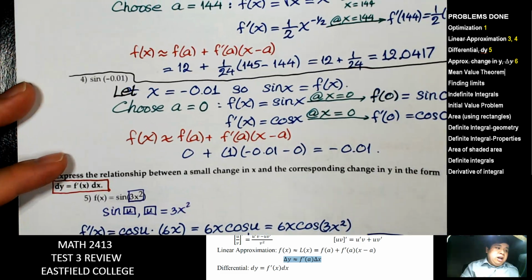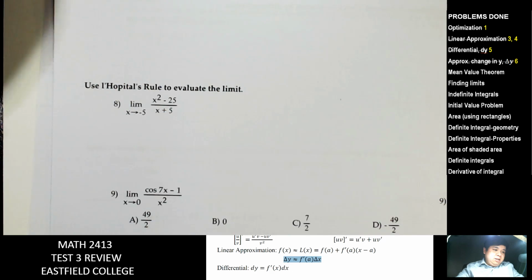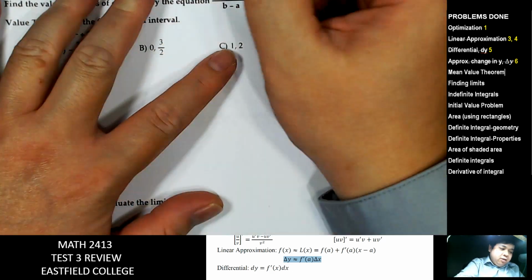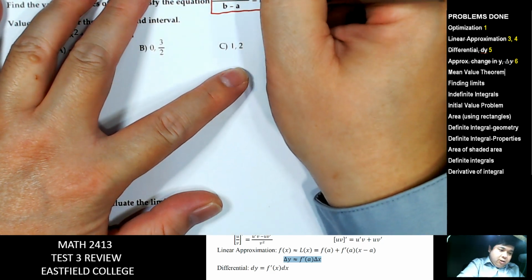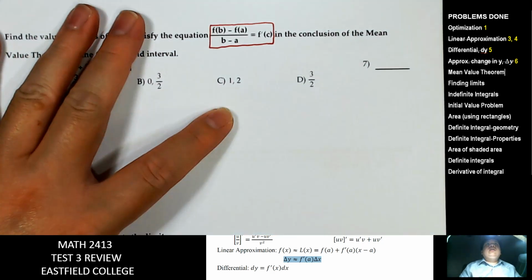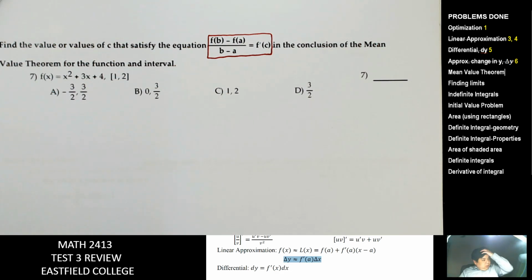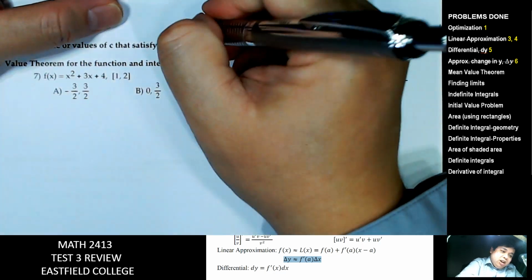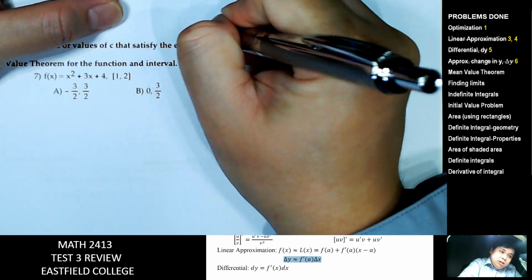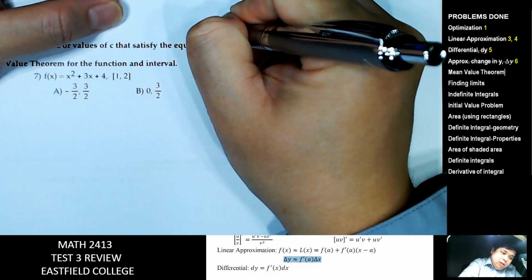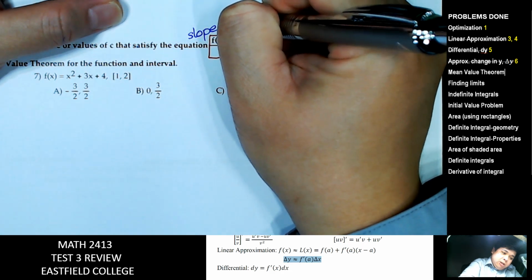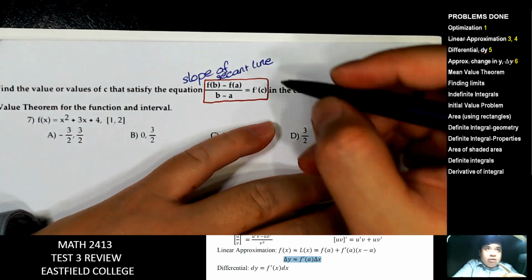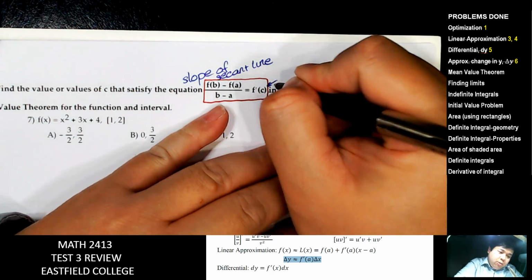Right. Next, the mean value theorem. So the mean value theorem is this. On one side, the left side, we have the slope of the secant line. And on the right side, we have the slope of the tangent line.